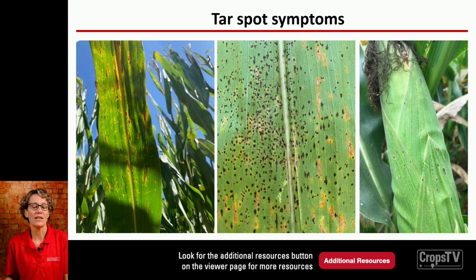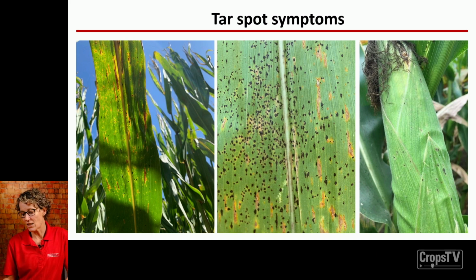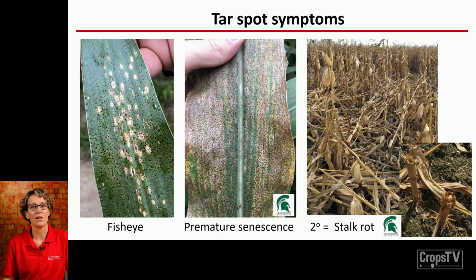You may also see these tar spot spots, or stroma as they're called, on the husks of corn ears as well. Sometimes the tar spots may be surrounded by a halo of dead tissue, and we call this type of symptom fisheye. This symptom is not that common.